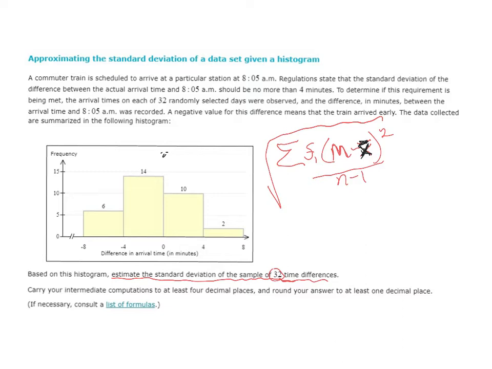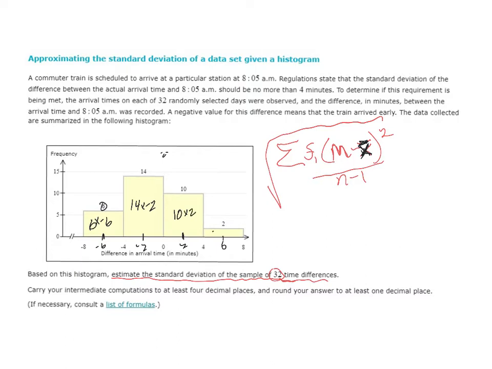So if you remember how to do that, what you had to do is find the midpoint of each of these bars. So like here, this is -6. This is -2. This is 2. And this is 6. You take those as the estimates for the numbers in that bar. So there's 6 numbers here. So I'm going to say this is 6 times -6. This is 14 times -2. This is 10 times 2.